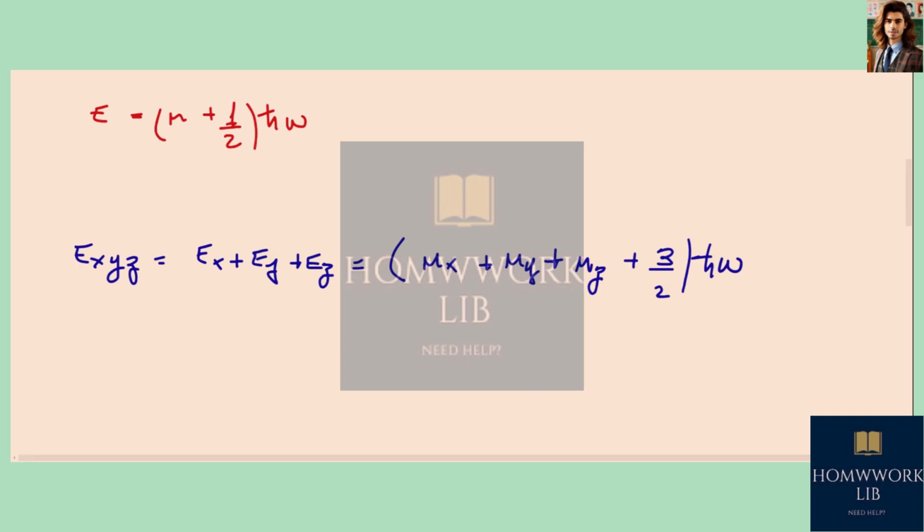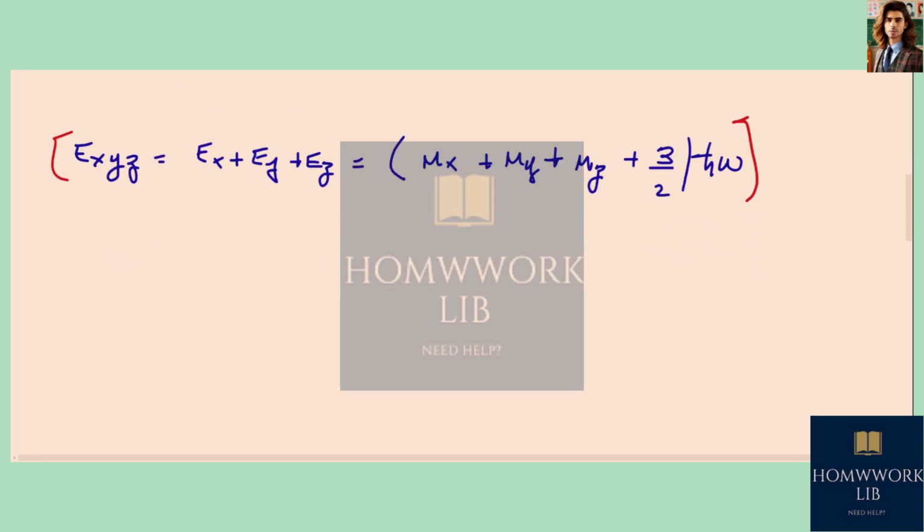Okay, so that's the answer for the energy. And finally, the last thing we need to do is to calculate the energy of the ground level and for the first excited state, so let's move on.